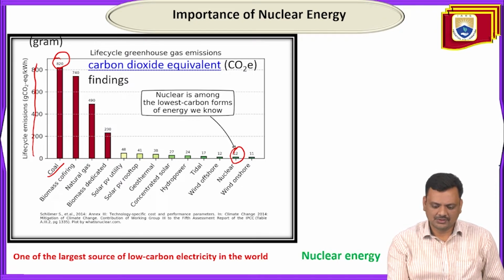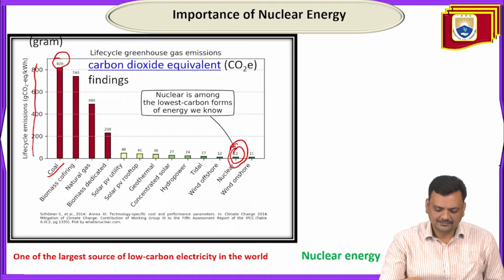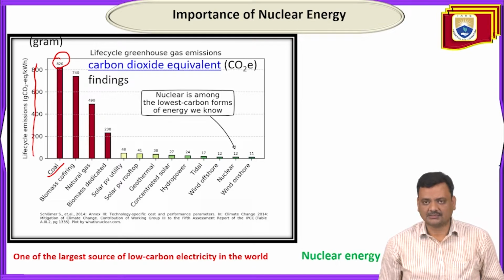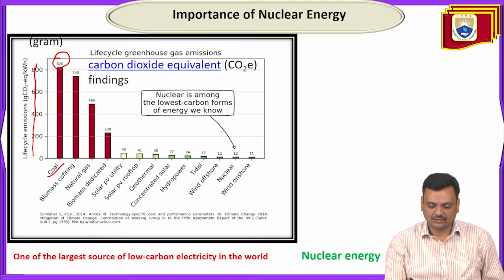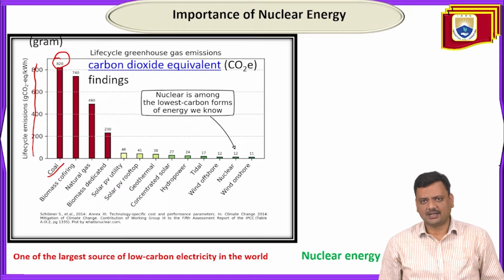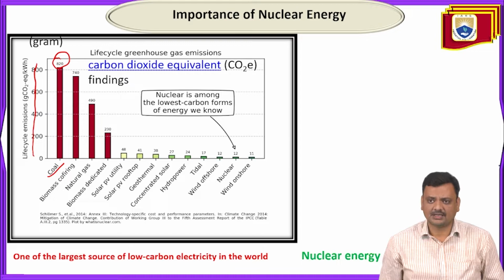But if you use nuclear sources, what happens? Only 12 grams of carbon dioxide-like gases will emerge. So with the help of this chart, you can clearly tell that nuclear energy is one of the best resources for generation of clean energy.